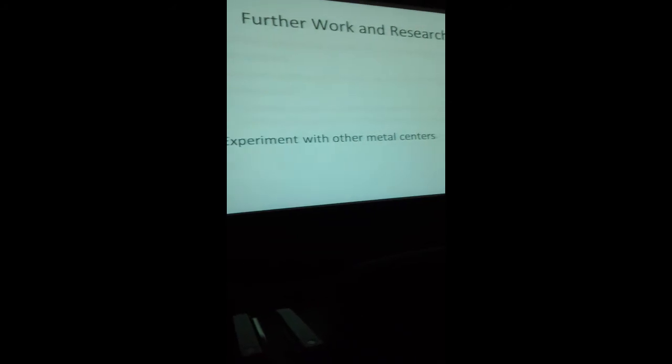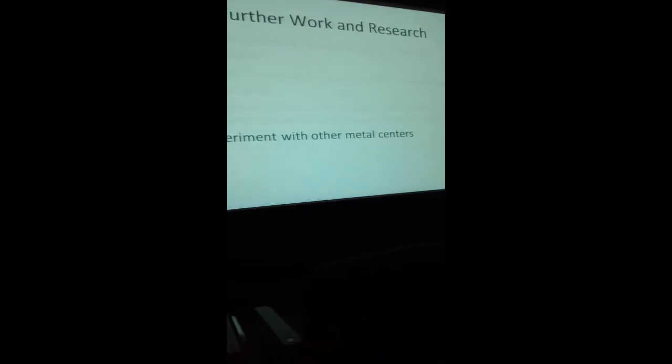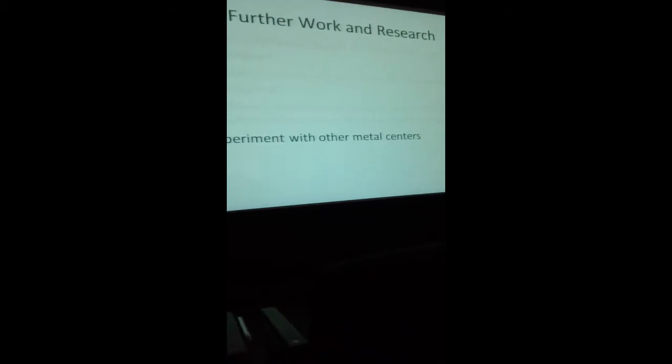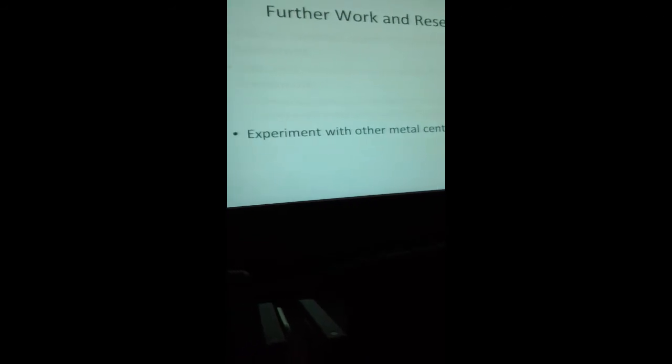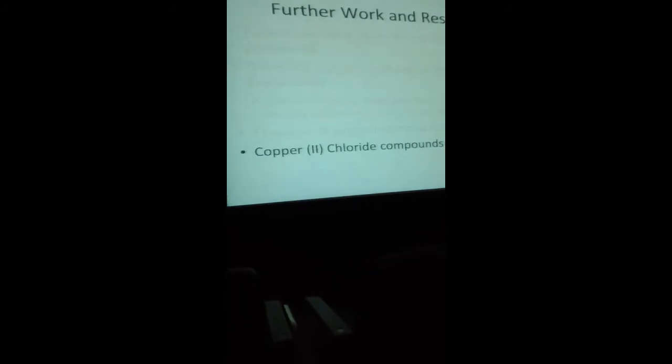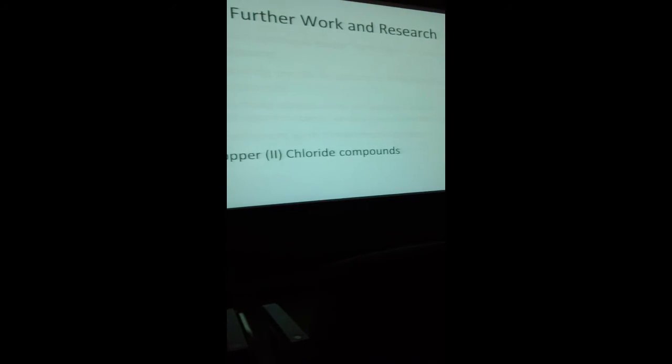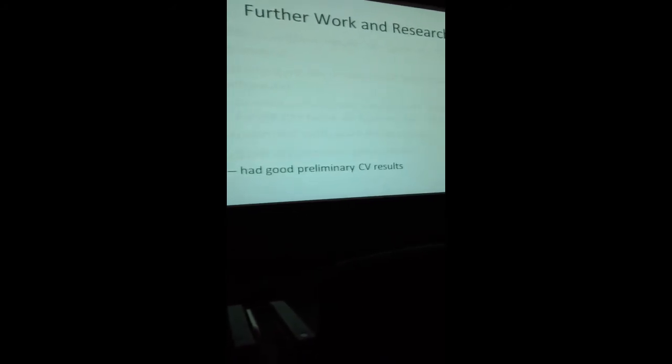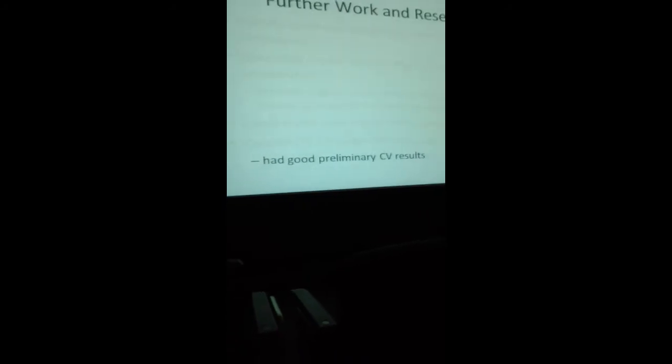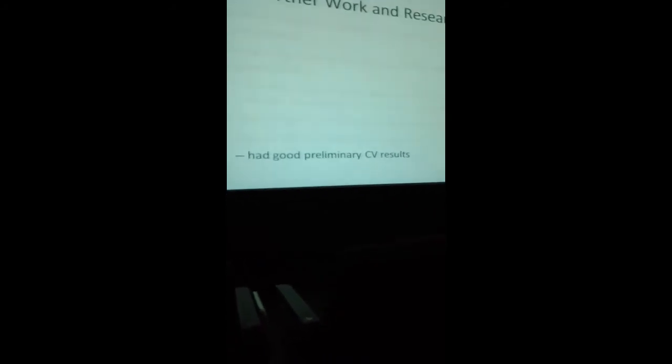It would be interesting to experiment with other metal centers, like nickel, because they're similar, kind of like the platinum is similar, but they could have some different properties. And the copper-2 chloride compounds that I didn't have time to look at this summer had good preliminary CV results, but again, I just didn't have time to do all of it.